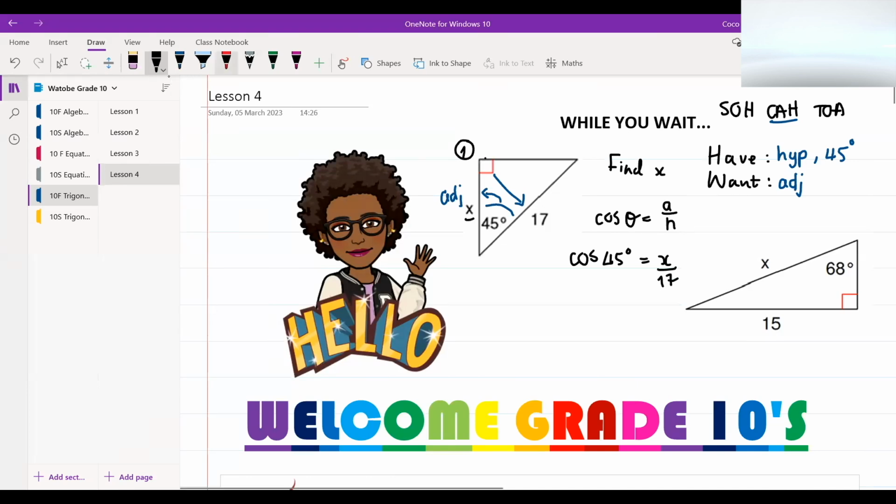Now, if I want to get rid of divided by 17, I'm going to multiply both sides by 17, and then that will cancel. So what I'm going to put on my calculator is x is equal to 17 cos of 45 degrees. Therefore, x is equal to 12.02. All right, give me a thumbs up in the chat if you got that one as well.